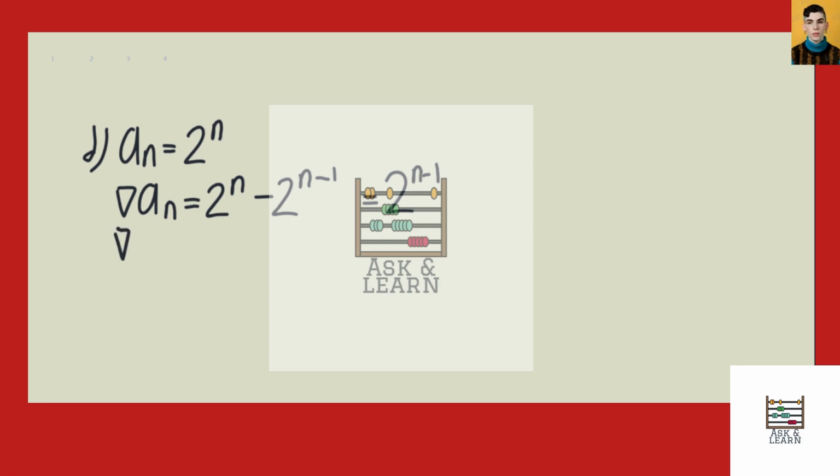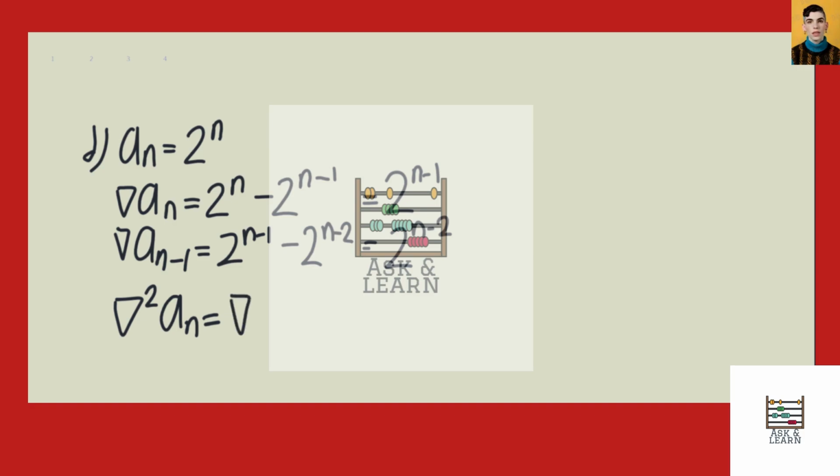Next, we find the first difference of an minus 1, and that's going to be equal to 2 to the n minus 1 minus 2 to the n minus 2, which is equal to 2 to the n minus 2. And so to find the second difference, we then take the difference of these two values.